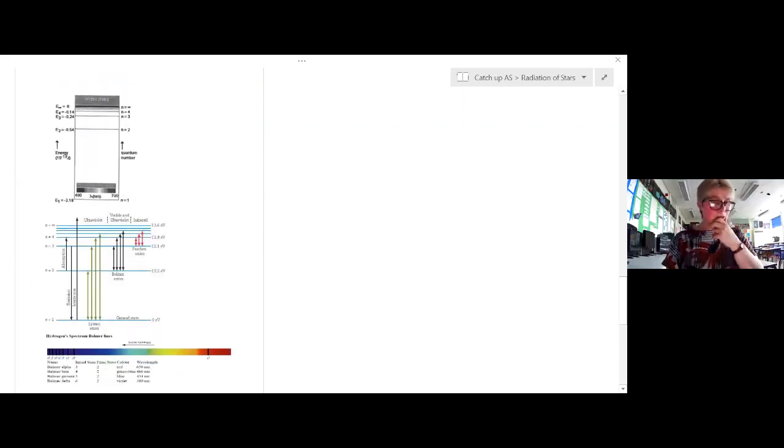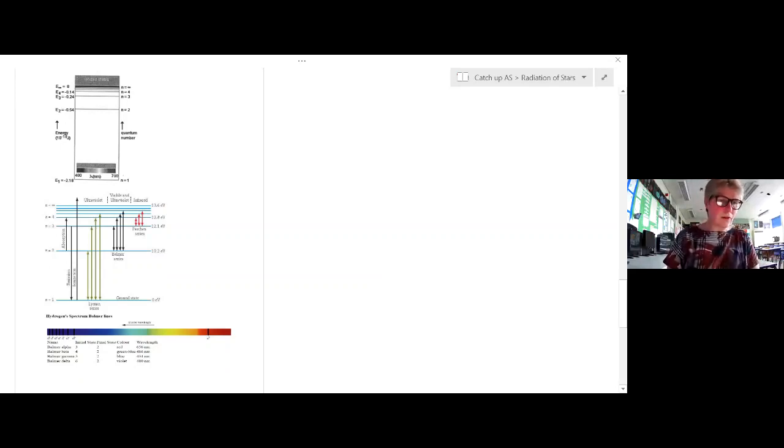Now, you did a little bit of this with Mr. Jones, Steve Jones, last lesson, the photoelectric effect. Those lines, those emission lines, relate to specific energy jumps within the shells of the electron configuration around the elements, around the star.